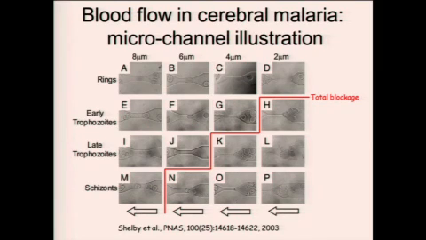So you can see in the ring stage, the cells can still get through the very narrow passages. You have to remember the 8 microns, the A column at the top here, that channel corresponds to the size of a red cell. The diameter of a red cell is 8 microns. So all these are smaller, and the capillaries very typically are smaller than the red cell.